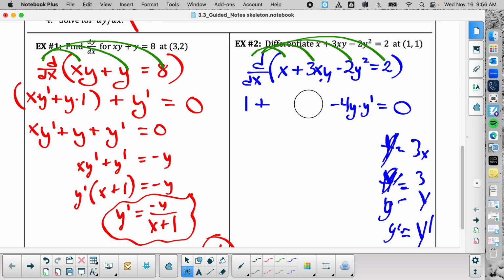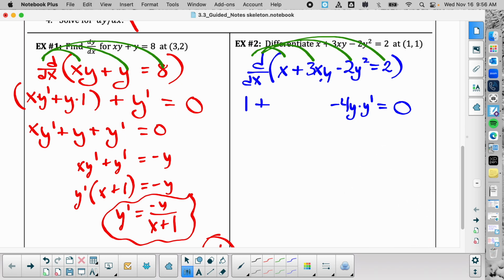Well, it was correct. I'm just gonna write it. 3y plus 3xy prime minus 4y times y prime. Okay.